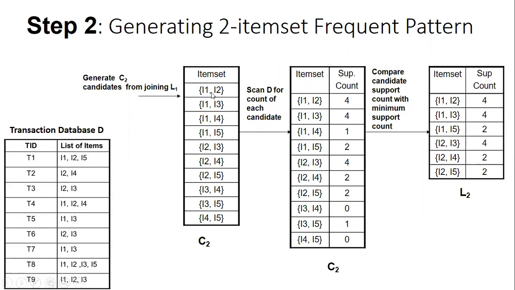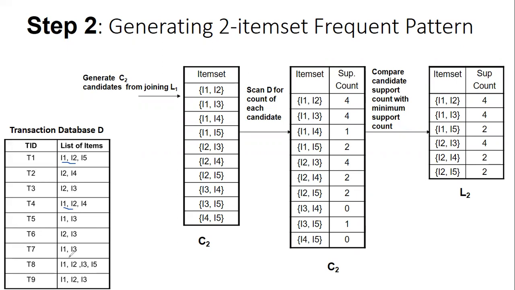Let us take I1, I2. Where is the I1, I2 combination occurring? In transaction 1, the customer has purchased I1 and I2 both. Then in transaction T4, a different customer, customer B, also purchased I1 and I2.